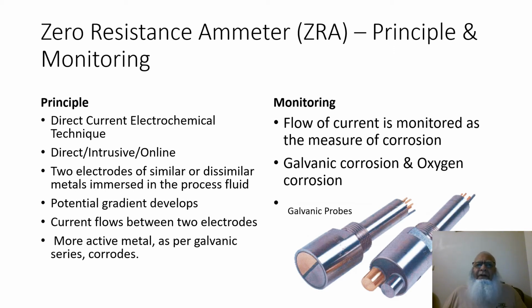The monitoring depends upon the flow of current, which is monitored as the measure of corrosion. It also measures galvanic corrosion and oxygen corrosion. This right-hand slide also shows the shape and configuration of the probes. One shows the galvanic flush probes, the other shows the galvanic cylindrical probes.